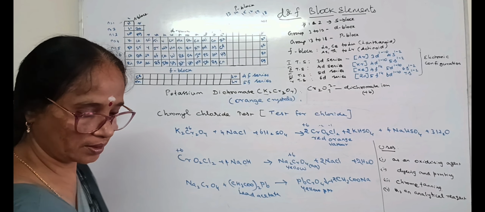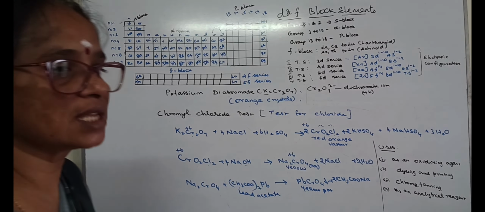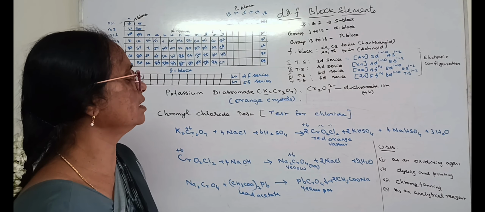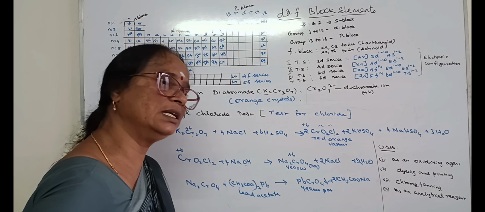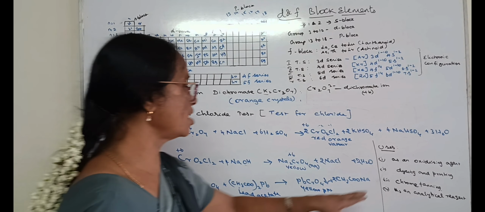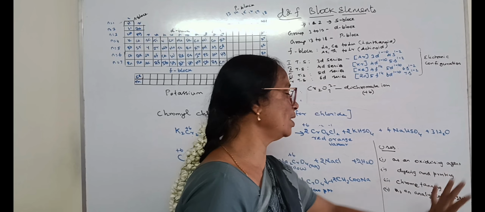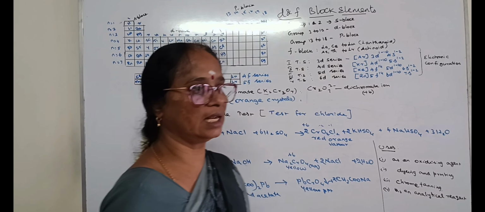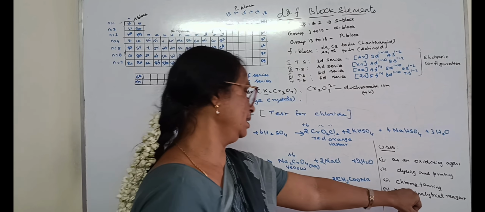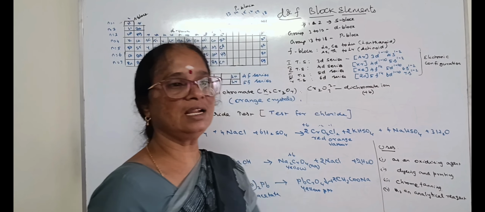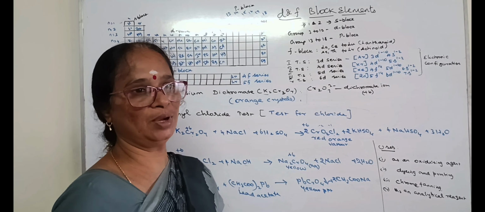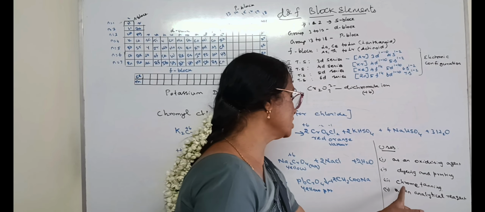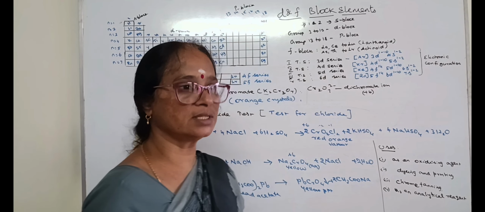Then, what are the uses of potassium dichromate? Dichromate finds applications in most industrial cases of manufacturing, in dyeing as well as in printing. It is also used as an oxidizing agent. It is used in the tanning of leather, that is, animal hides have to be preserved; that is called the tanning process, in which potassium dichromate is used.